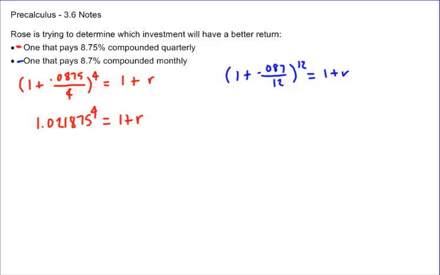And when we do that, we get that the rate is equal to 0.0904.